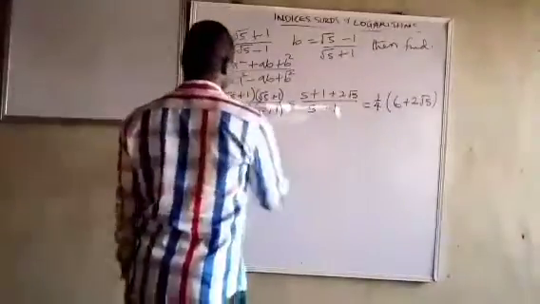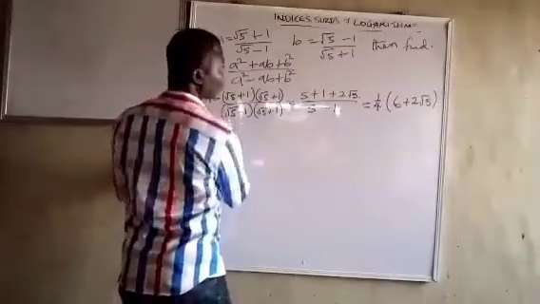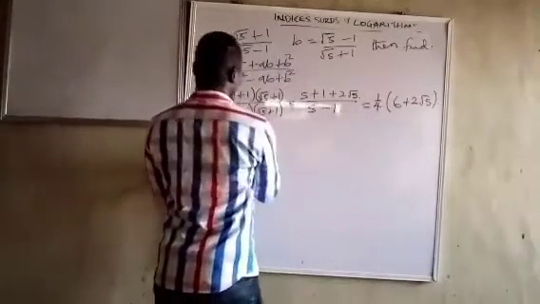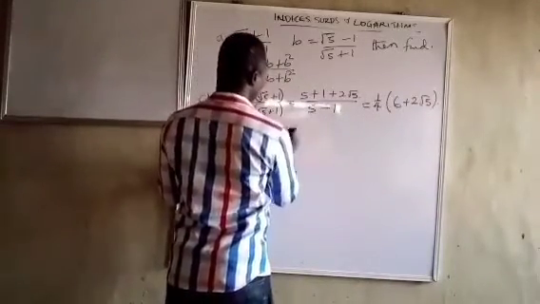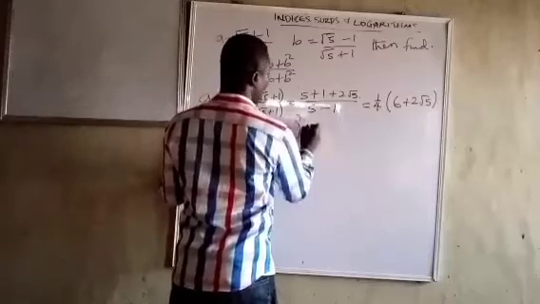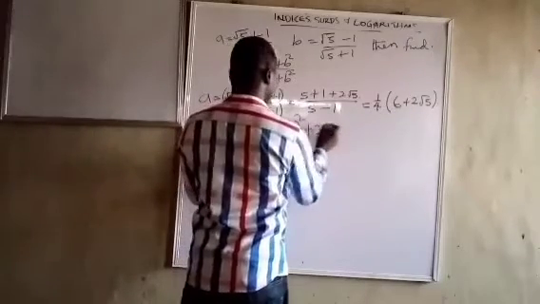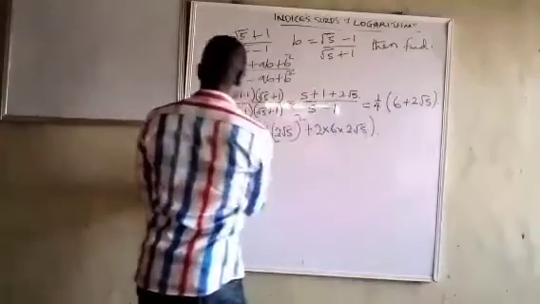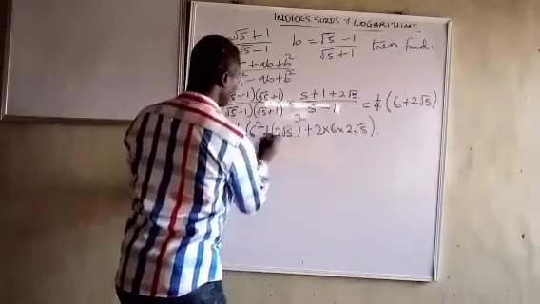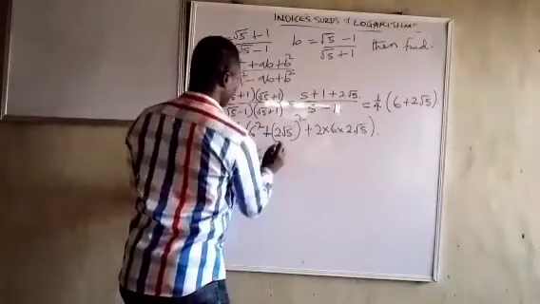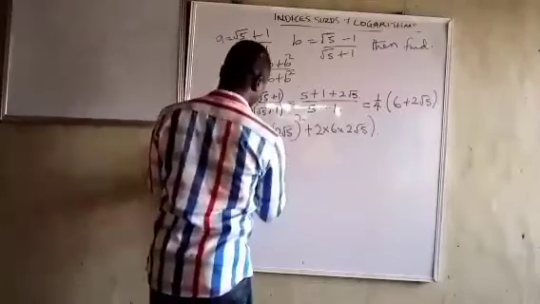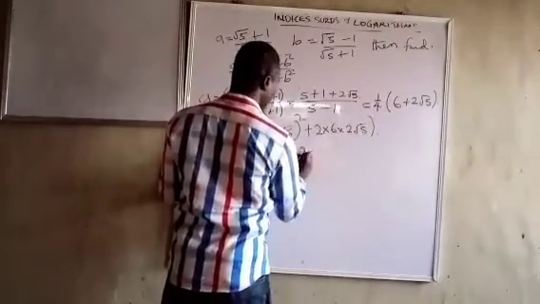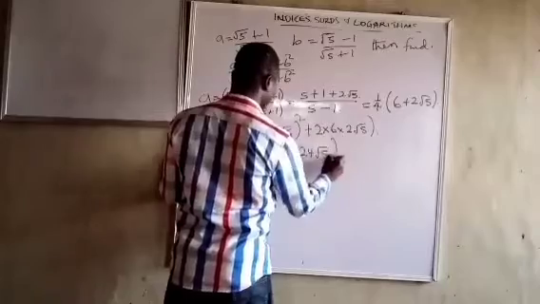So, a squared is equal to 1 over 16 into 6 squared plus 2 root 5 squared plus 2 into 6 times 2 root 5. And that will give 1 over 16 into 36 plus 20 plus 24 root 5.